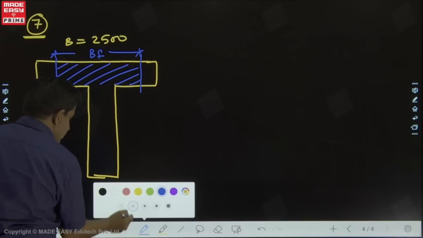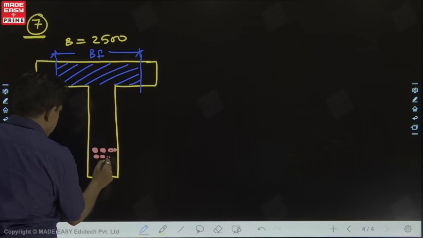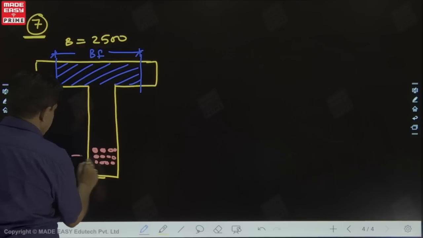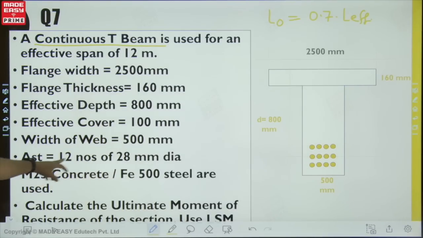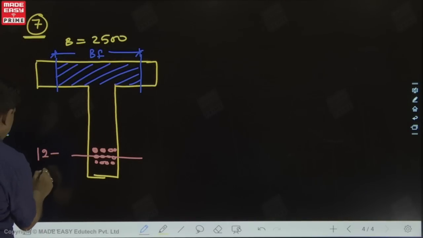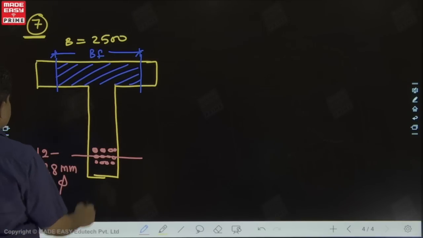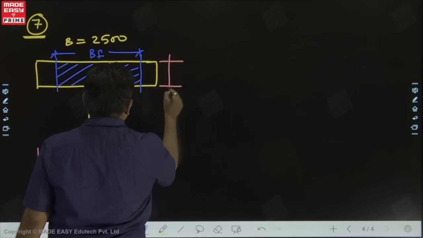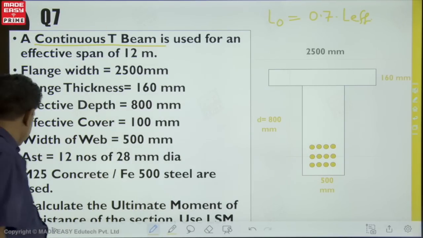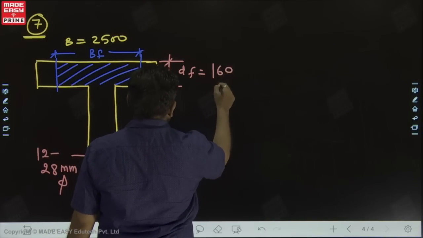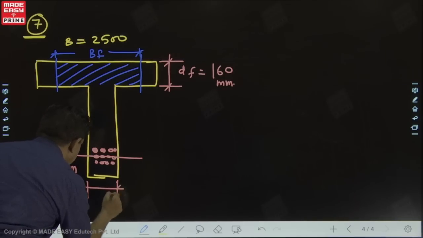Here is the reinforcement, 12 number of 28 mm dia. So we will calculate area of steel for this. This is depth of flange. DF value is 160 mm. BW is 500 mm.